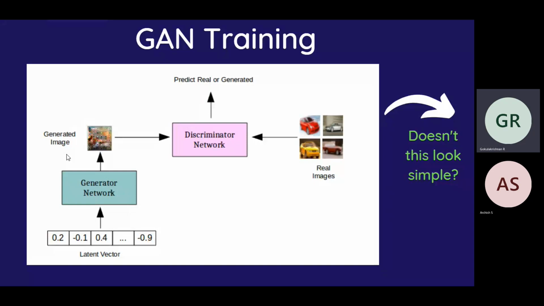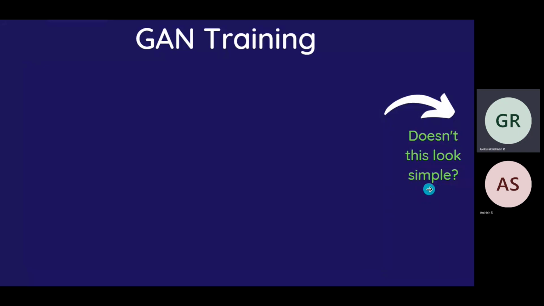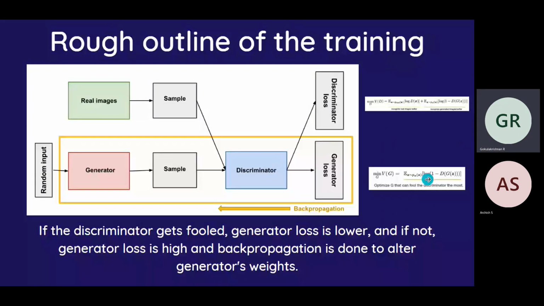You send both of these as the training data set to the discriminator network, which then makes a prediction whether it's a real image or a generated image, basically if it came from this side or from that side. So yeah, this is the rough outline of the training.